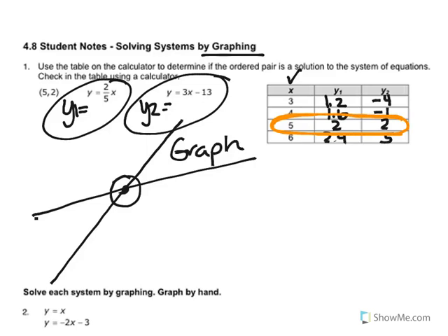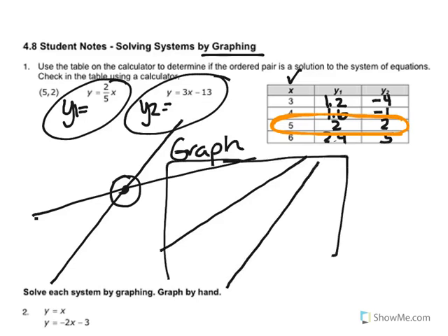If you don't see where they intersect, like sometimes when you graph it, it'll look like this on your screen, and you get to the top of your screen, you can't see anything else, then you're going to hit zoom 3 and then enter. Zoom 3 will back it up a little bit so we can see the intersection point.